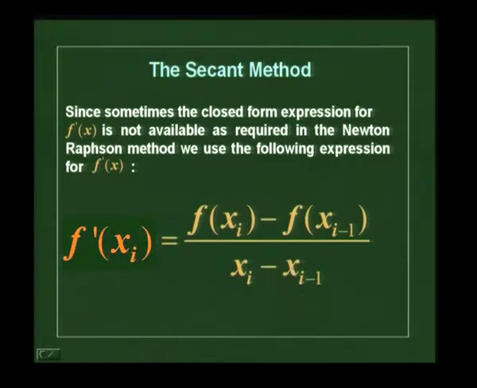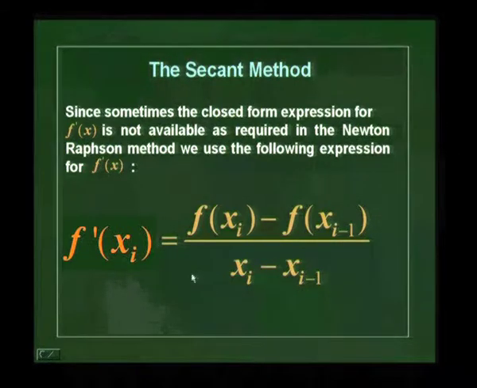This is a backward difference formula if xi minus 1 is some value which is less than xi. But in this iterative scheme, xi and xi minus 1 are simply two guesses in the ith and i minus 1th iterative steps. But this is a formula which we can use.